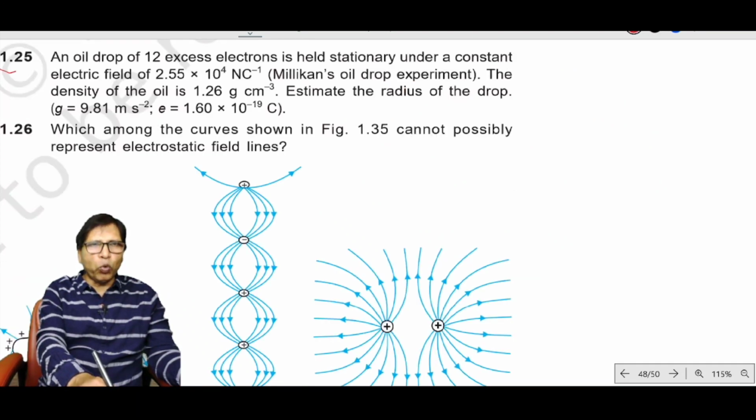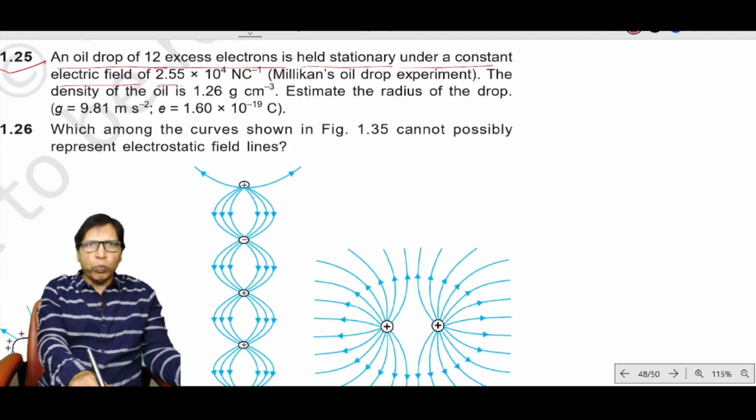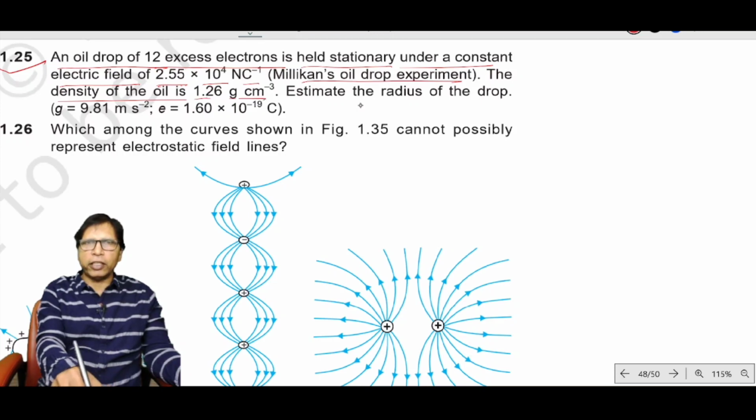Question number 1.25. An oil drop of 12 excess electrons is held stationary under a constant electric field of 2.55 into 10 to the power 4 newton per coulomb in Millikan's oil drop experiment. The density of the oil is 1.26 gram per cc.